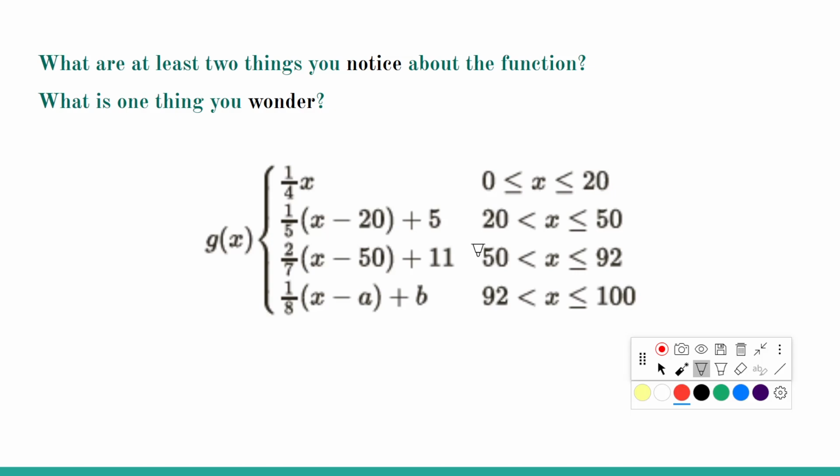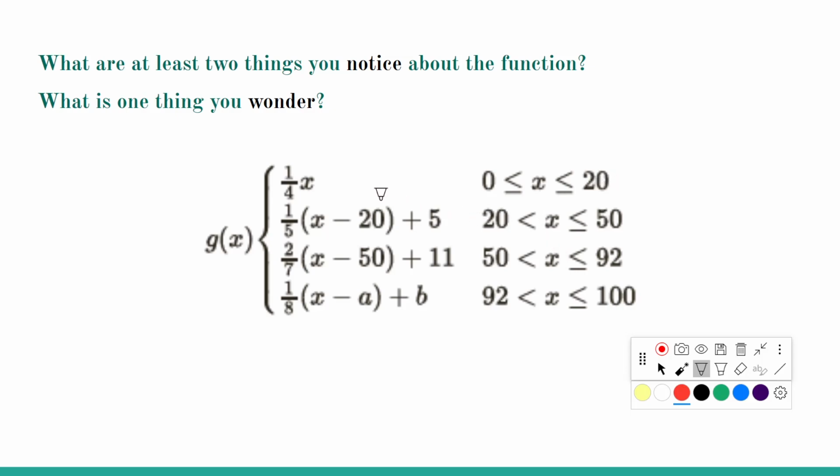So if you look at these subfunctions and you look at these intervals, what are some things that you notice? You might notice that we're using point-slope form to write our subfunctions. You might notice that our intervals have different lengths of time.